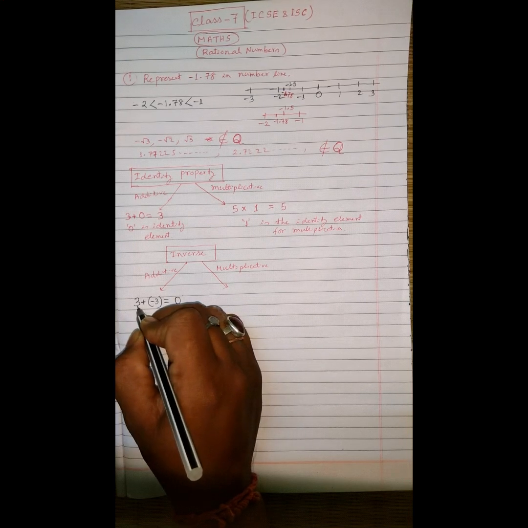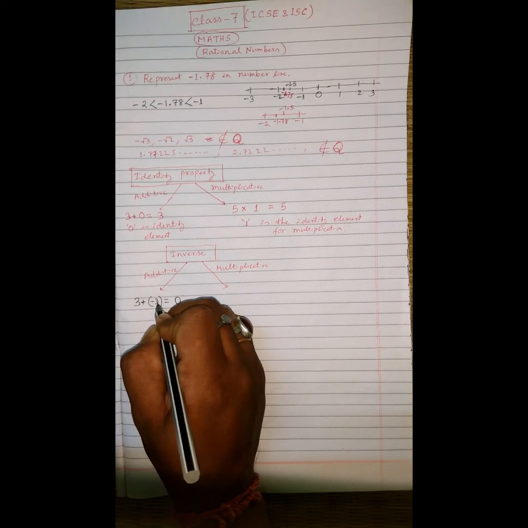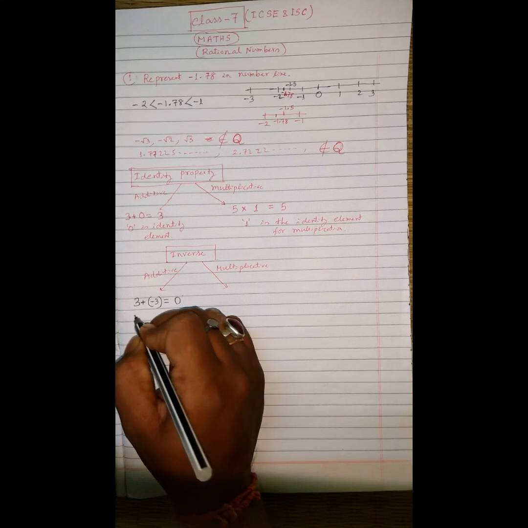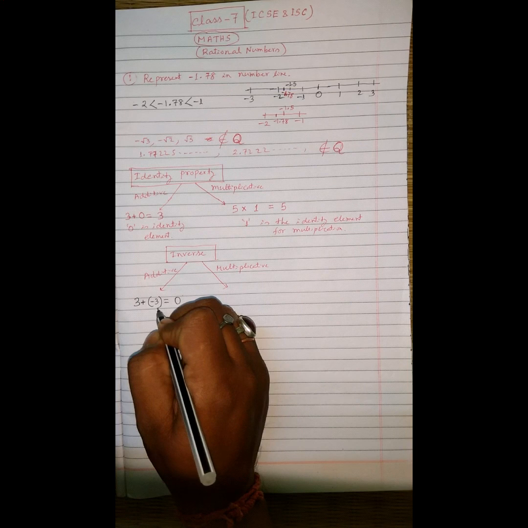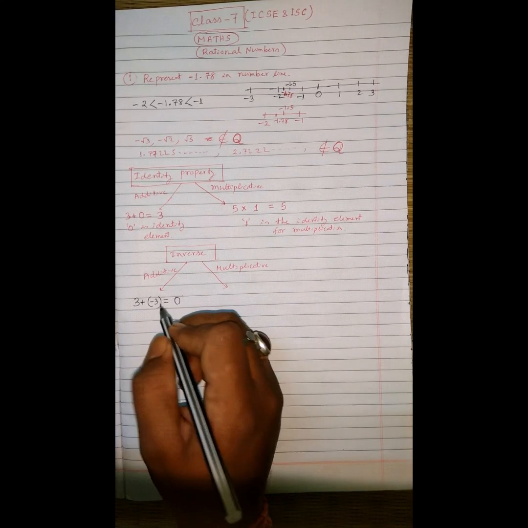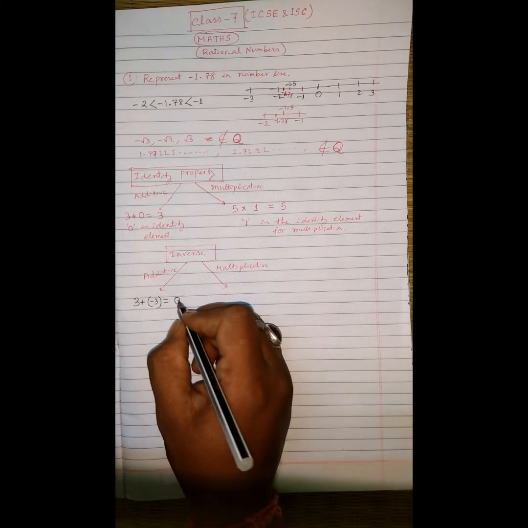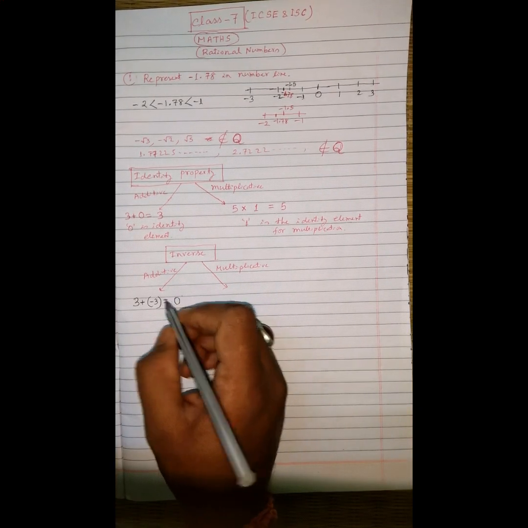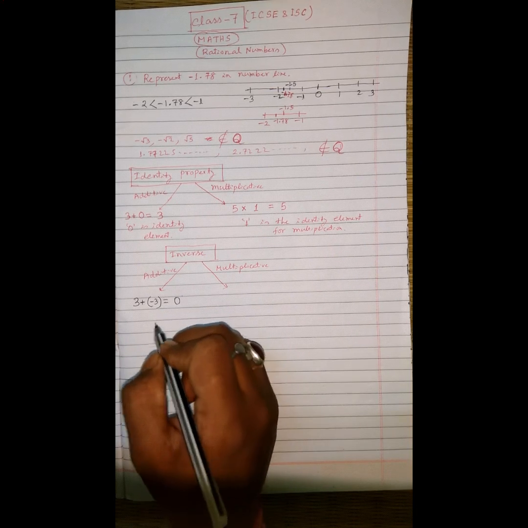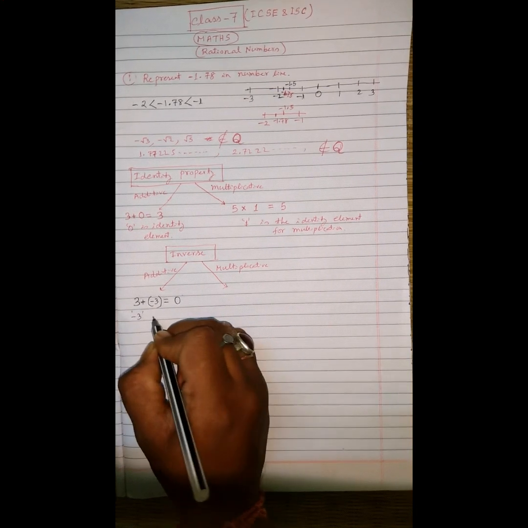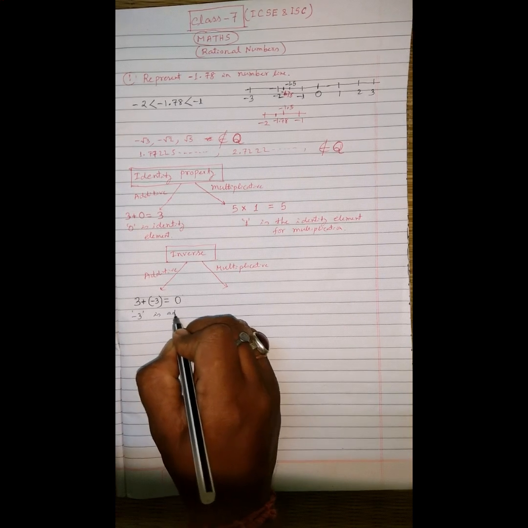If 3 is the element, its opposite element is minus 3. If 5 is any element, its opposite is minus 5. If 7 is any element, its opposite is minus 7. So any number added with its opposite number gives 0. So minus 3 is the additive inverse of 3.